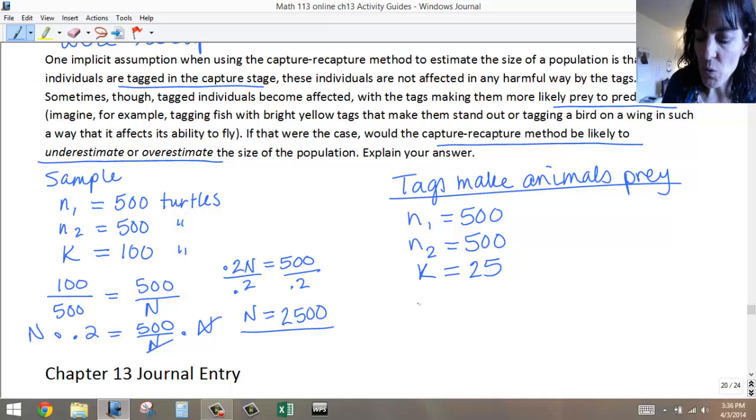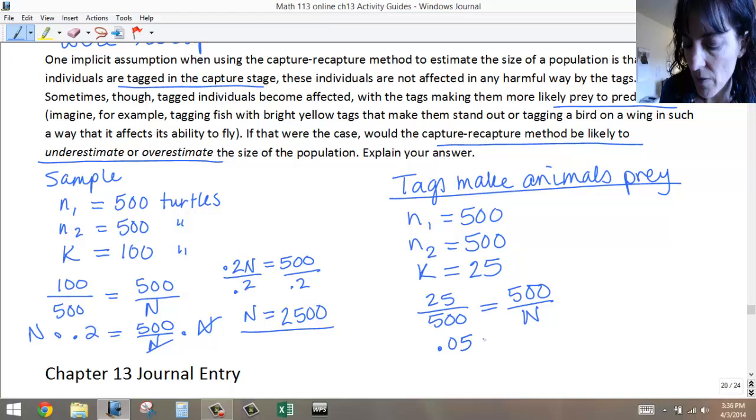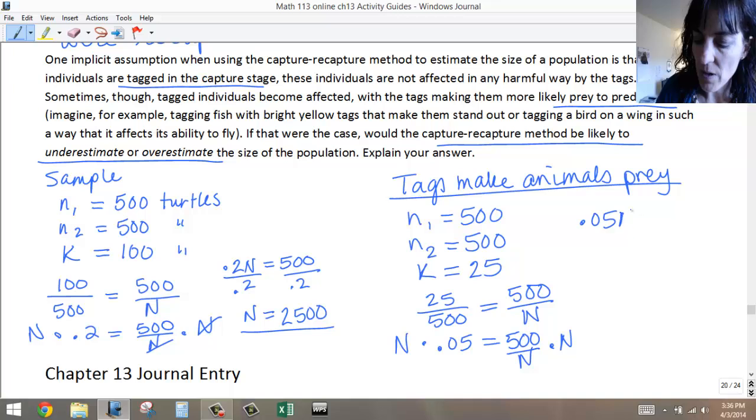Okay, so then when we do our calculations, we're going to have 25 over 500 equals 500 over N. So we have 25 divided by 500. It's 0.05 equals 500 divided by N. Multiply both sides by N. And so we have 0.05 N equals, those N's cancel, so equals 500.